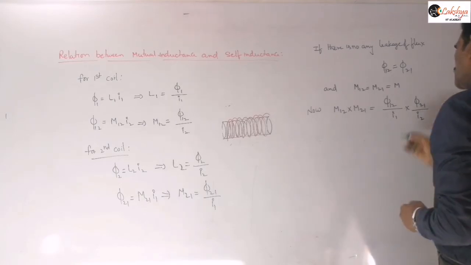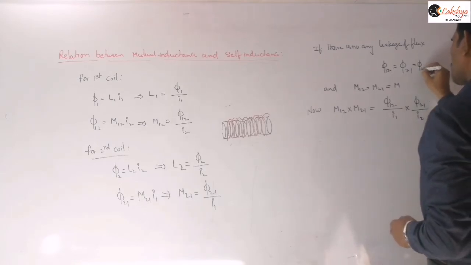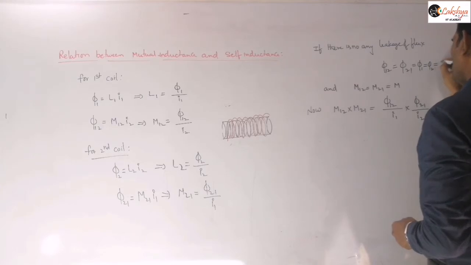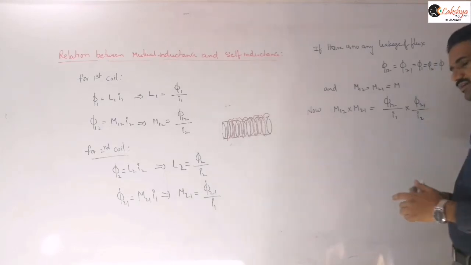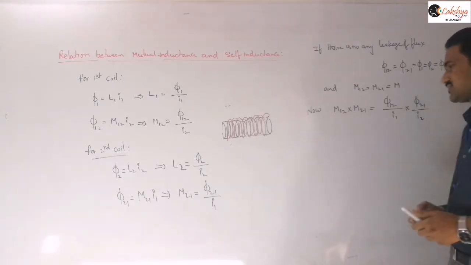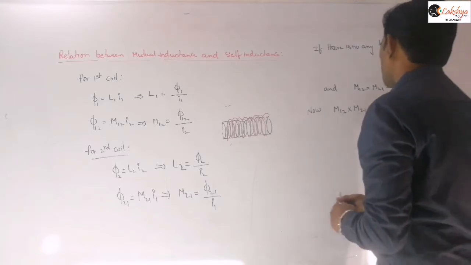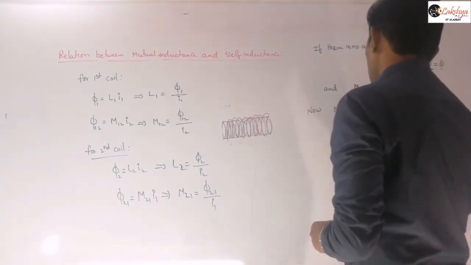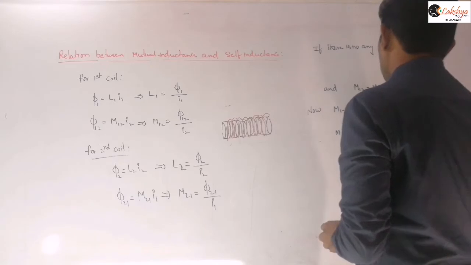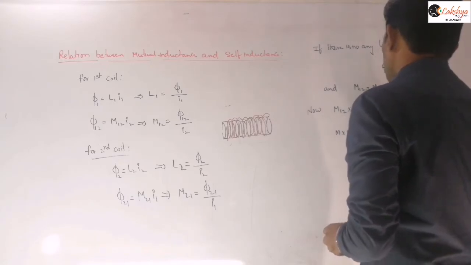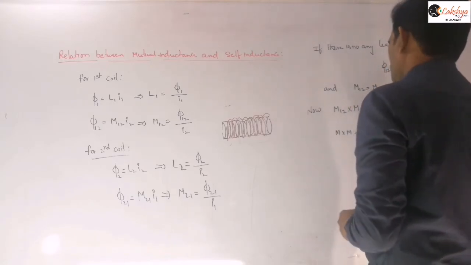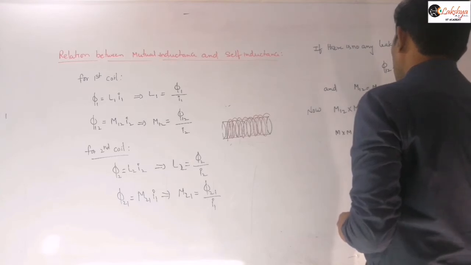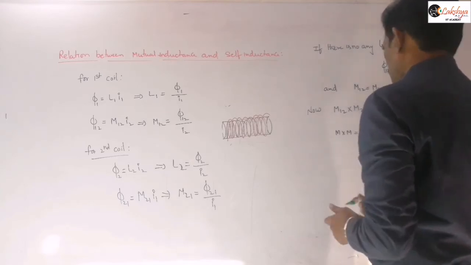This value is nothing but phi 1, which is equal to phi 2, or you can write it as phi finally, since there is no leakage of flux. So M into M is equal to phi 1 by I1 into phi 2 by I2.